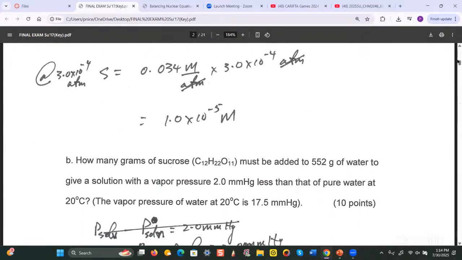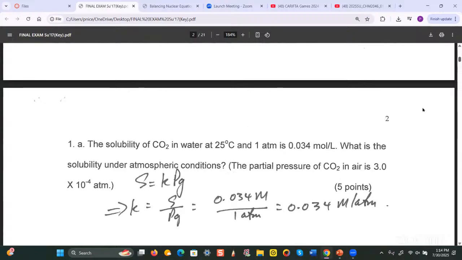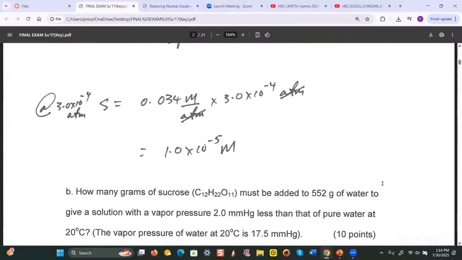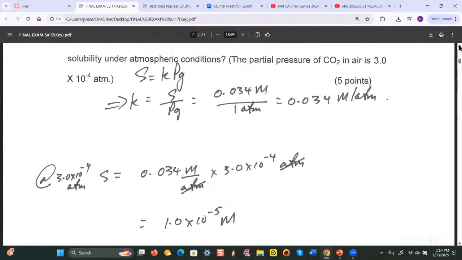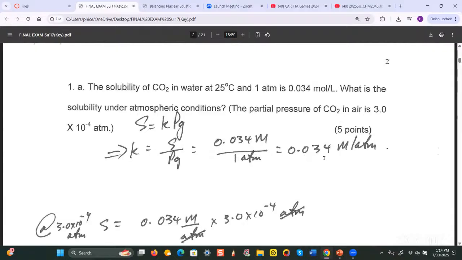Any questions about that one? Yes, sir. When you're solving for K, you divide it by 1 atmosphere. Yeah. And then, is that for partial pressure? That would be the pressure of the carbon dioxide above the solution.